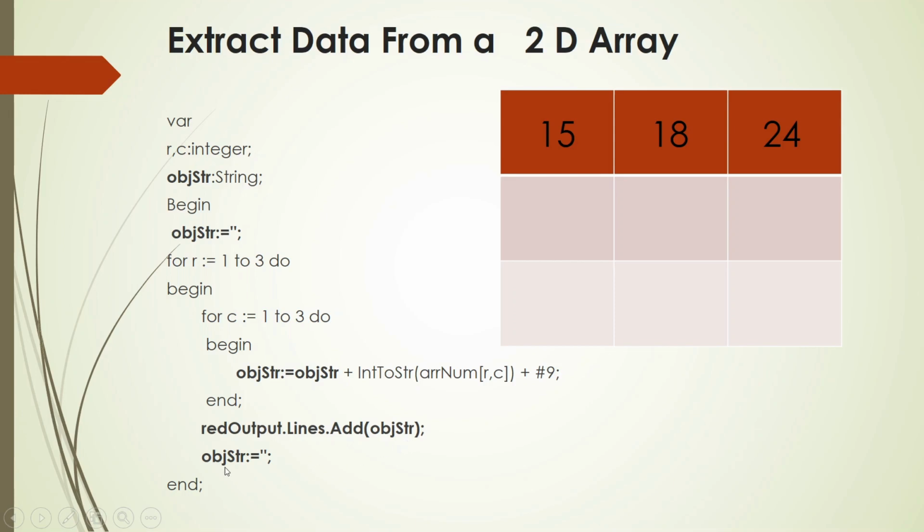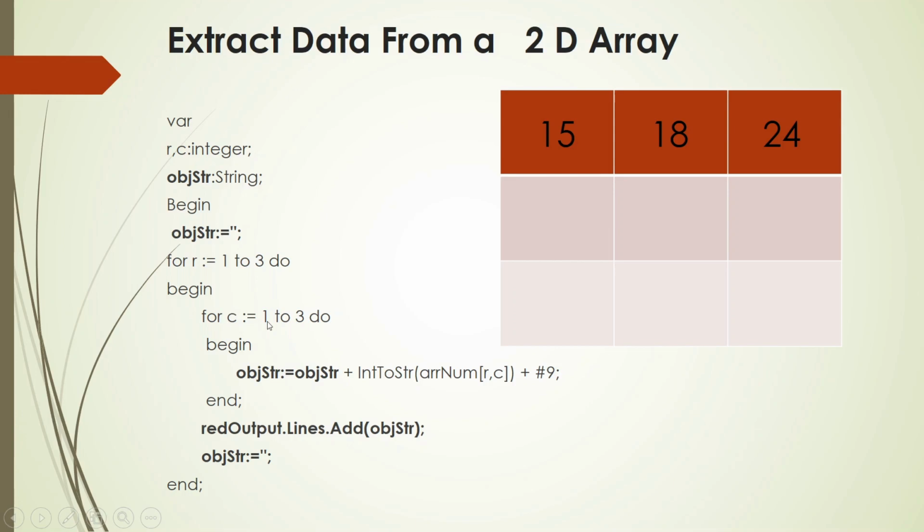When you say output.lines.add, it takes it automatically to a new line. And now I need to initialize my object string, the string variable that I'm using to concatenate. Set it back to a null string. I now go back up and R is incremented to 2.